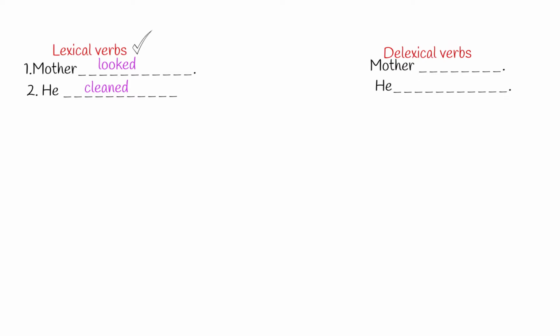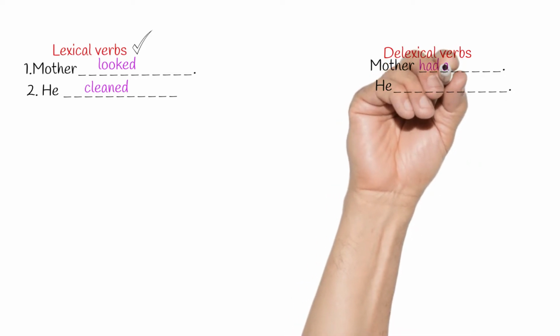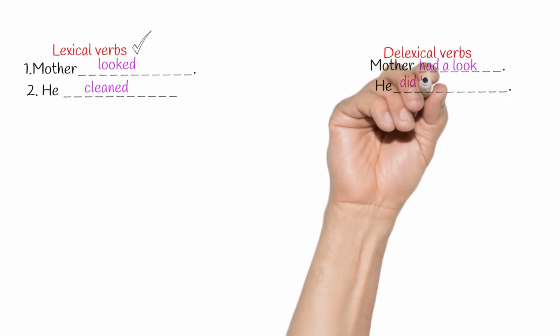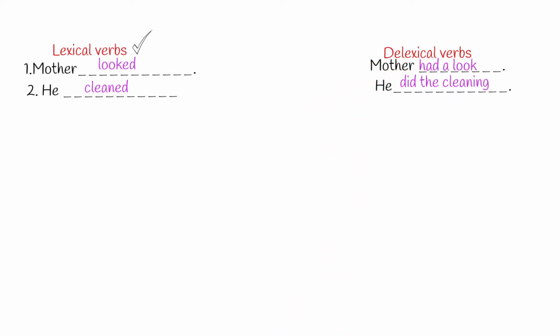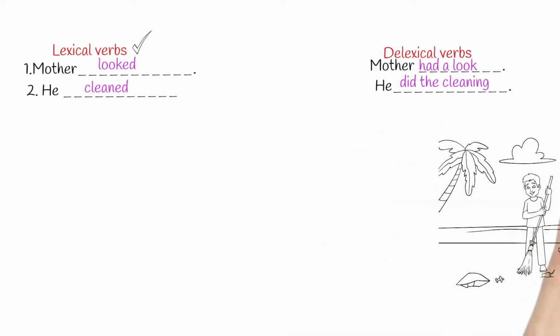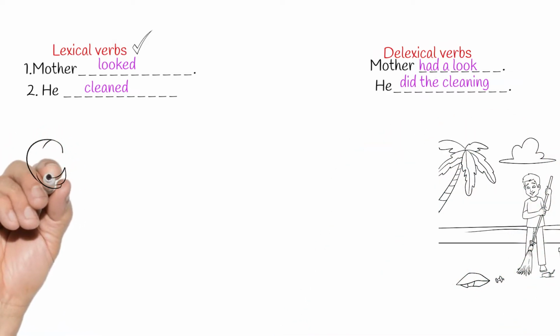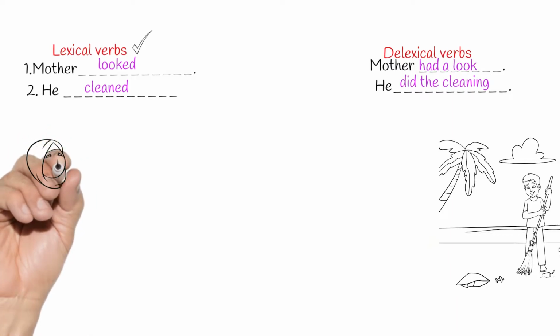Surprisingly, we can also express the same sentences differently. Instead of saying mother looked, he cleaned, we can say mother had a look, he did the cleaning. See how the verbs in the revised sentences differ from the verbs in the earlier ones. The verbs in the revised sentences are not independent.